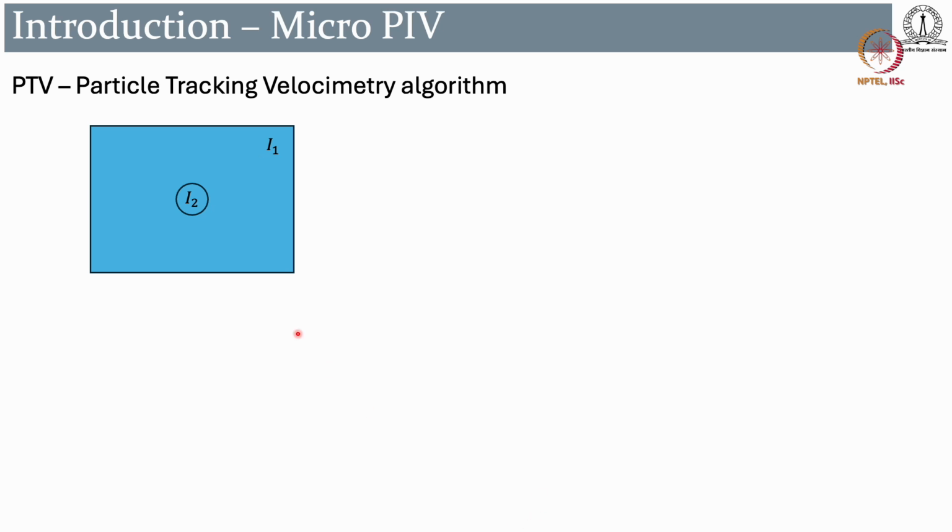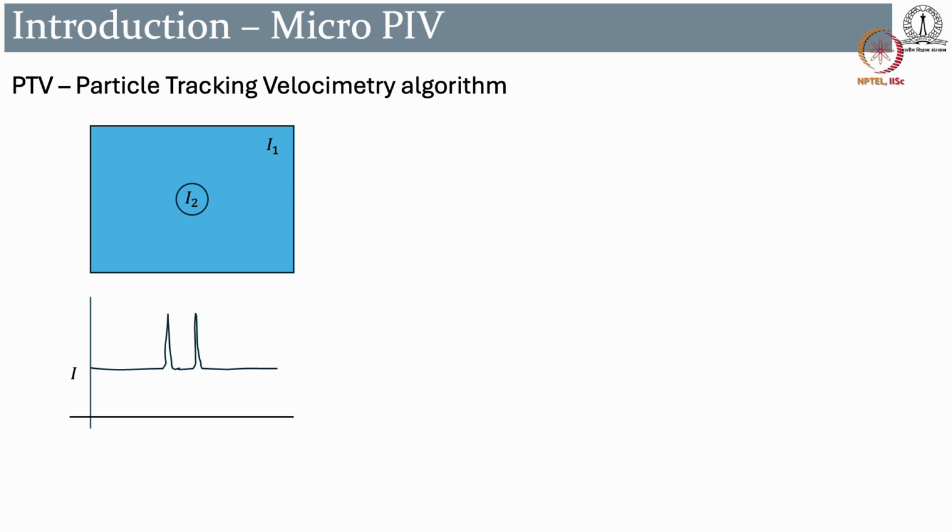Now if you draw a line across the center of the particle and plot the intensity across that line, you will get something like this. You are getting two peaks, and these two peaks are the two edges where the line is cutting the particle.